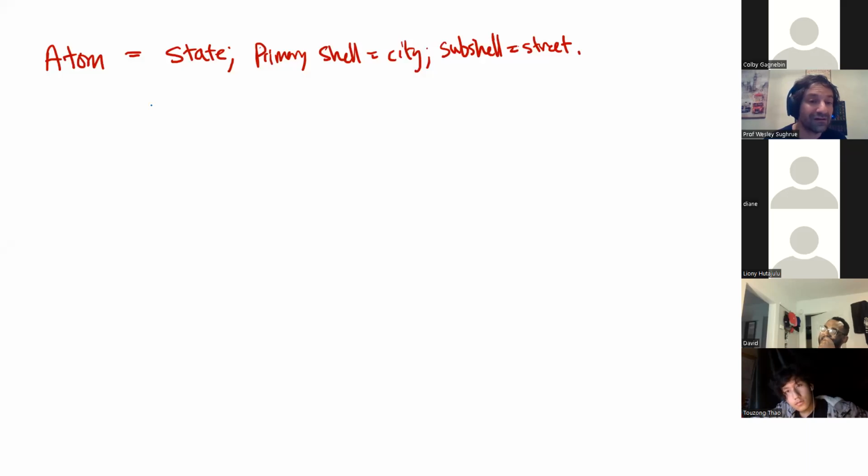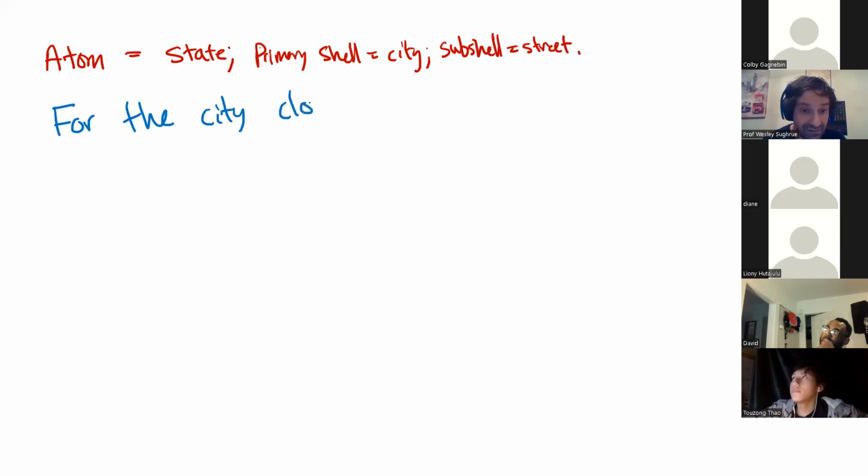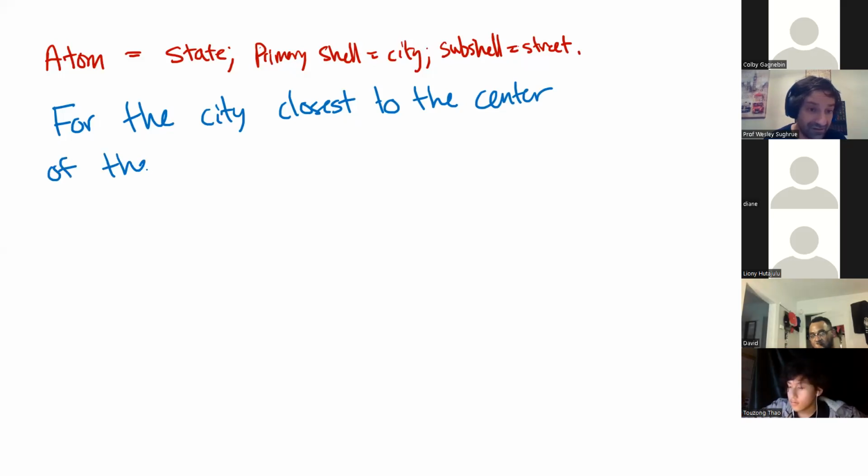So, for the city closest to the center of the state, it is a one-horse town. It is literally a one-horse town.